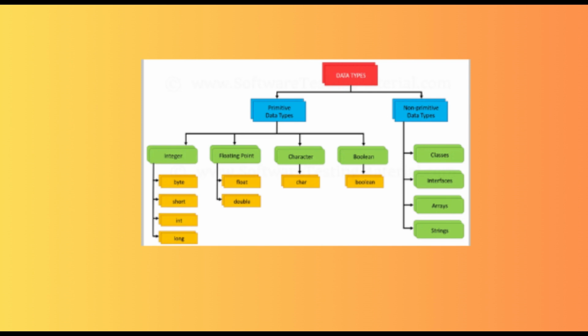The second type of primitive data in Java is floating point, which is used to store decimal numbers. Java categorizes floating point data types into two subtypes based on their bit size. The first one is float, which stores 32-bit data, or we can say that it is stored up to 7 decimal places.